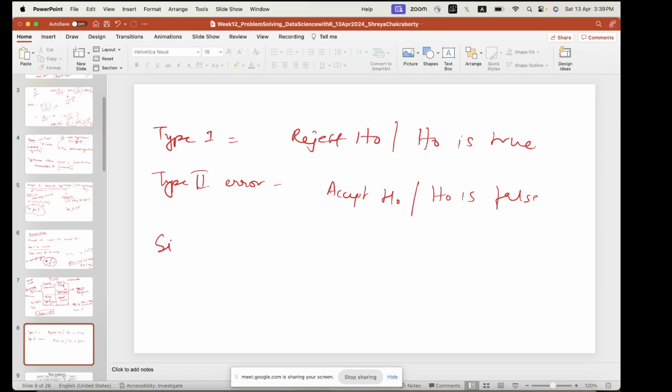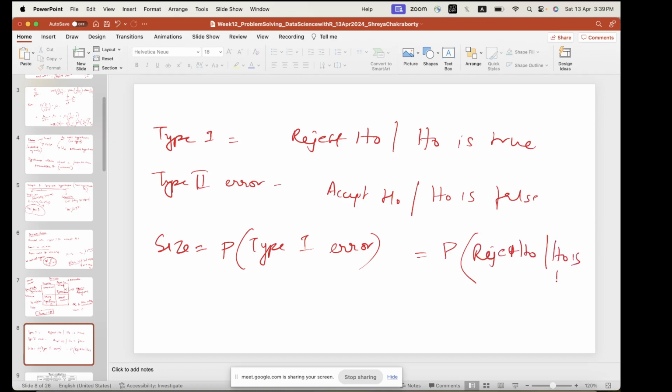Now the size is the probability of type 1 error. Okay, so this is actually probability reject H naught given H naught is true. Alright, and this is actually what we call alpha, or our level of significance.